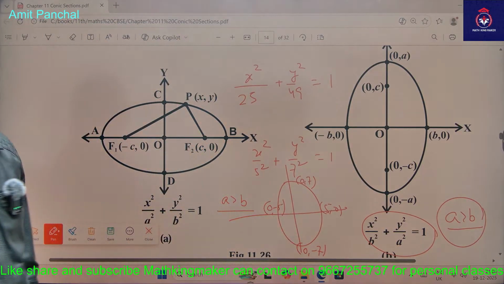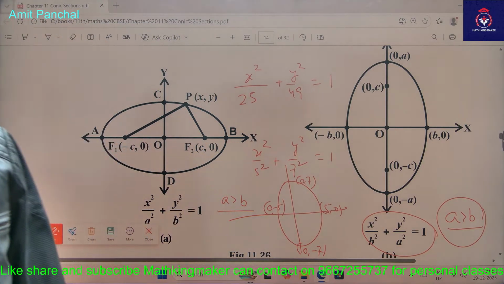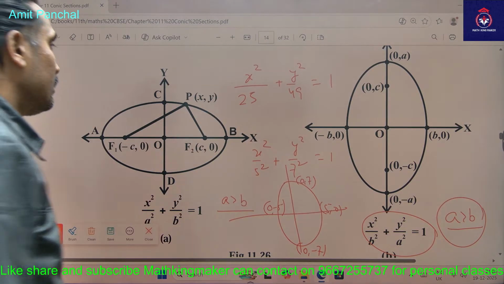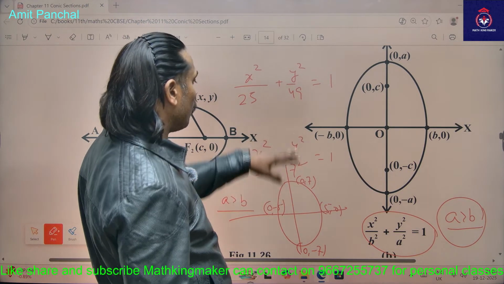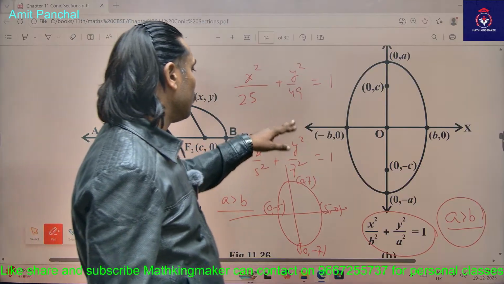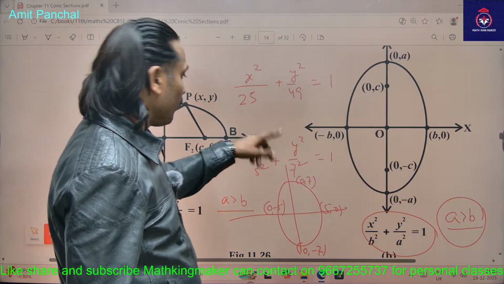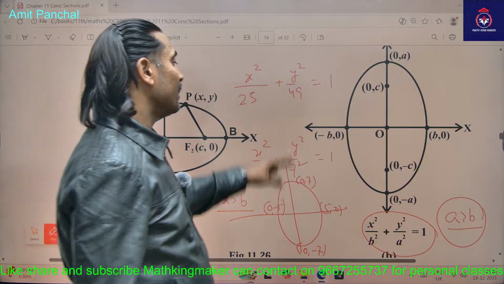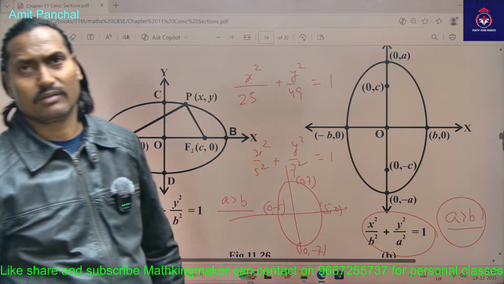So don't be confused about it. Whatever is the greater value, on whichever variable it is written, that is the major axis.